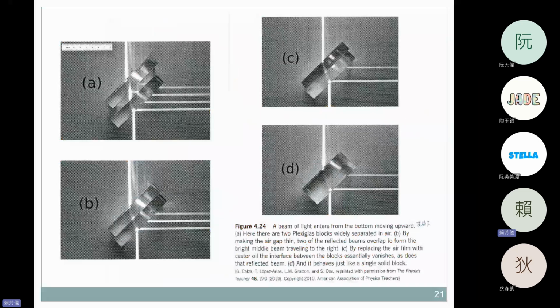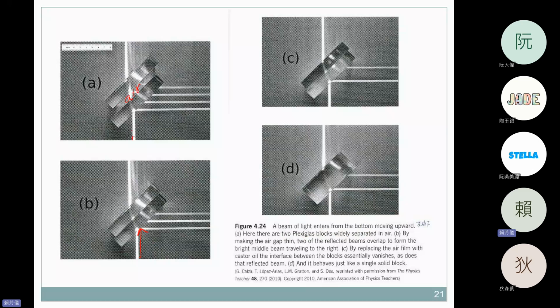Okay, this figure is an interesting figure where a beam of light enters from the bottom moving toward the blocks. Here are two Plexiglas blocks widely separated in air, so in the middle is air.